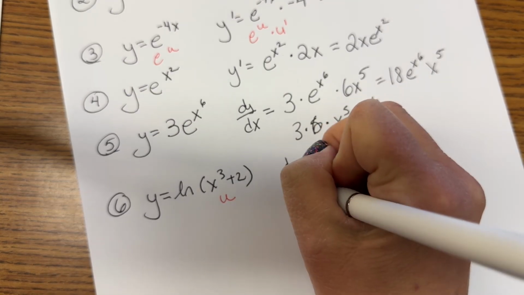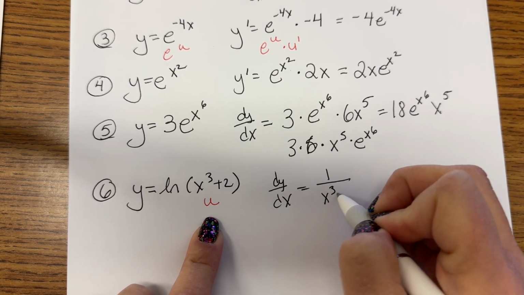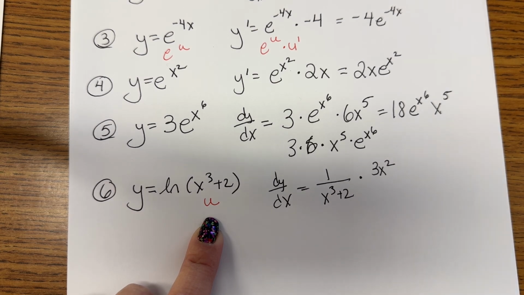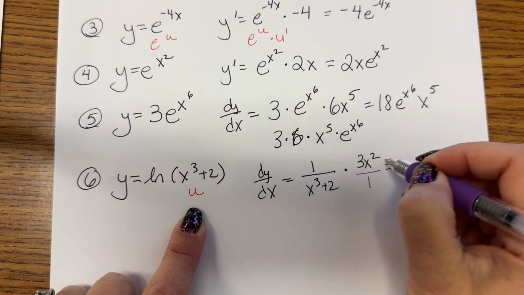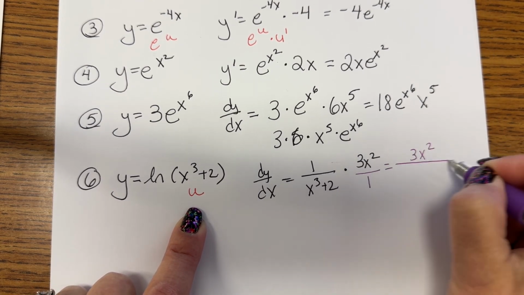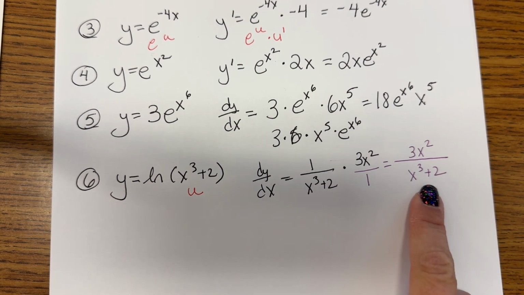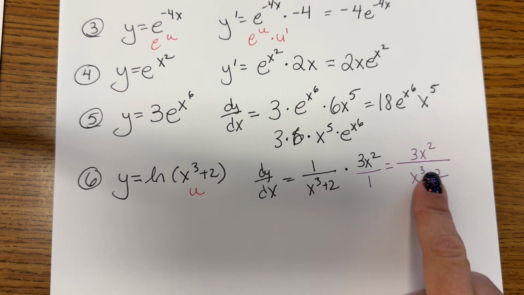So the derivative is 1 over u times u prime. We're going to combine our like terms. 3x squared has a denominator of 1, so I can multiply numerators, multiply denominators, and that's it. Nothing factors, nothing simplifies. You can simplify nothing else here on the answer to number 6.